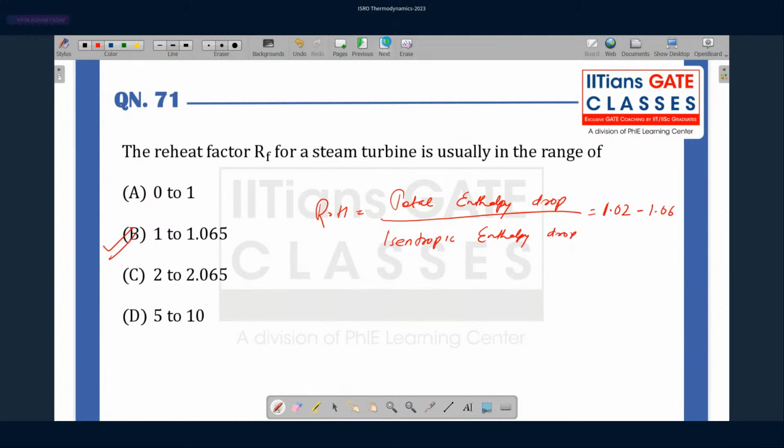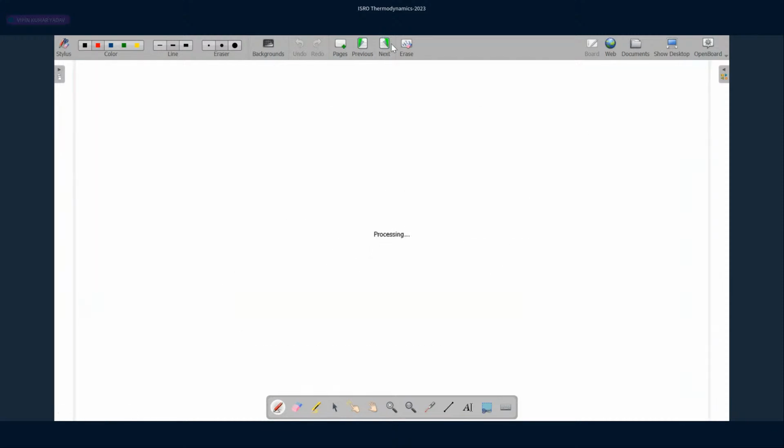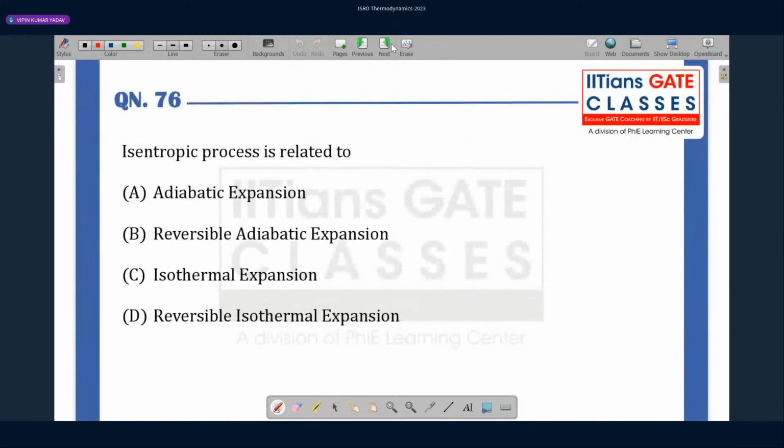Okay, let's move ahead. Isentropic process is related to, I think it is the easiest question that has ever been asked in the history of ISRO, in any exam.